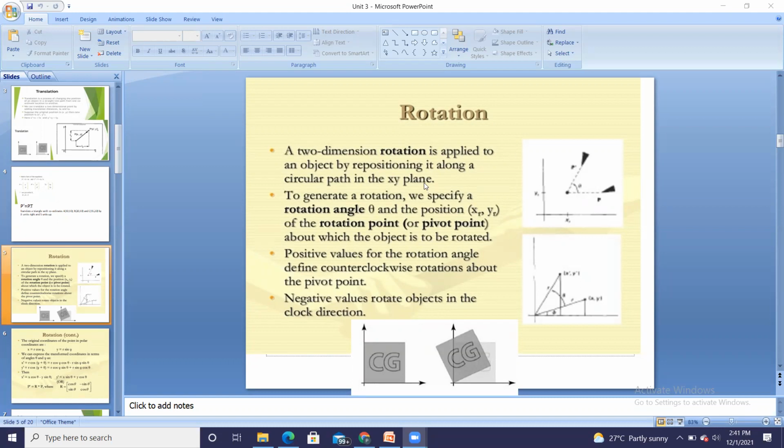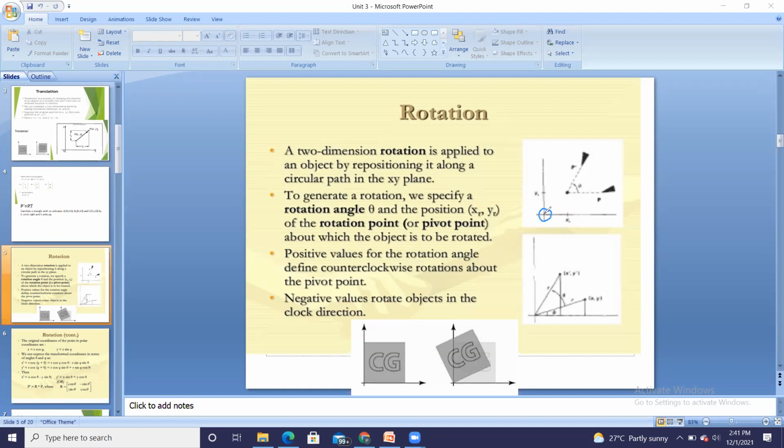For that, the point of rotation, the point about which the object is rotating, is very important. Here we are going to consider the point of rotation as the origin. So always remember, the origin acts as the point around which you are rotating the object.